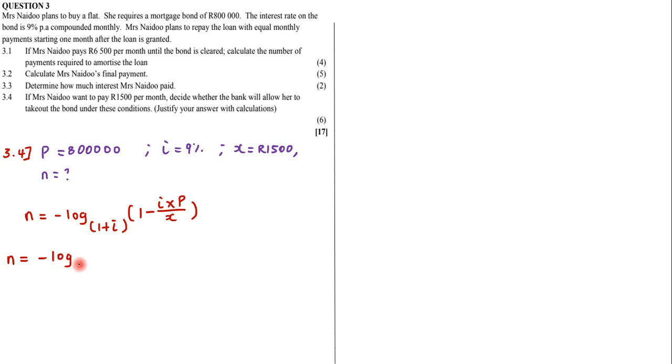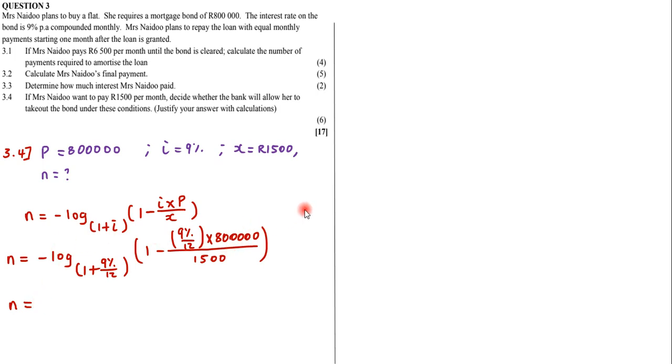Now, substituting everything just like how we had it: 9% over 12, and then 1 minus, with a bracket, 9% over 12 times 800,000 rand over 1,500 rand. So here we're trying to see the number of payments that Mrs. Naidu will have to make.